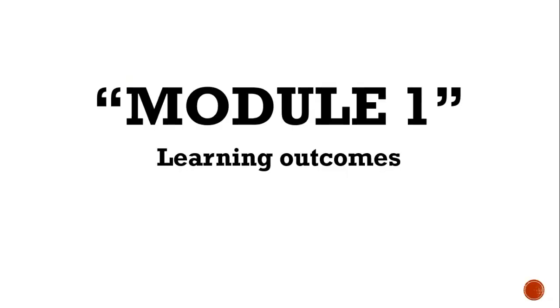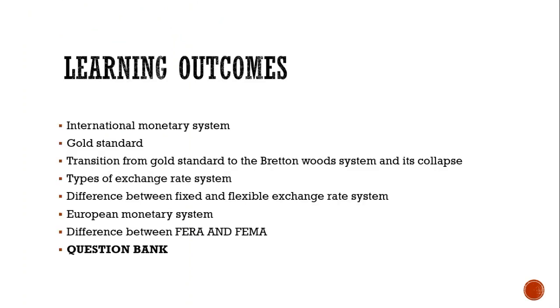According to the first module, the following were the learning outcomes. Number 1, we were supposed to learn about international monetary system that we have already learned in the first video lecture. Thereafter, we learned about the evolution of the international monetary system. Under the evolution, we learned about gold standards. Then we learned about the transition from gold standard to Bretton Woods system.